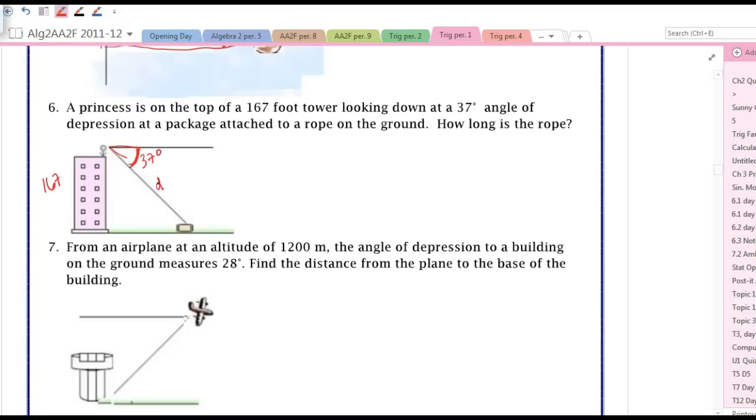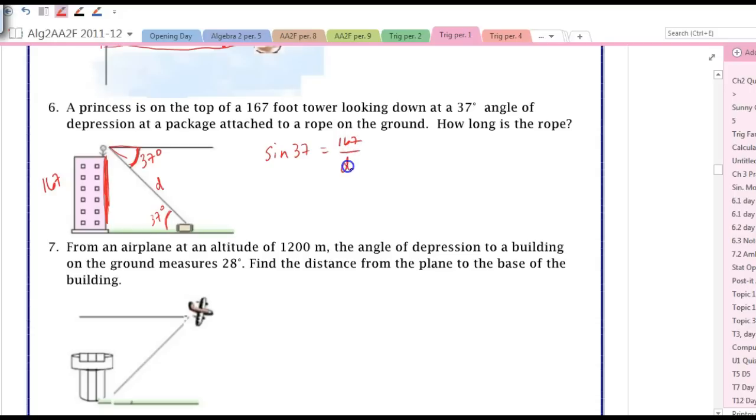So again, using the parallel line theorems, if that angle right there is 37, guess what else is 37? Oh yeah, this one. And so I have this side of the triangle, that's 167. I have this little angle in here that's 37, and I want the hypotenuse. This is a situation for sine.